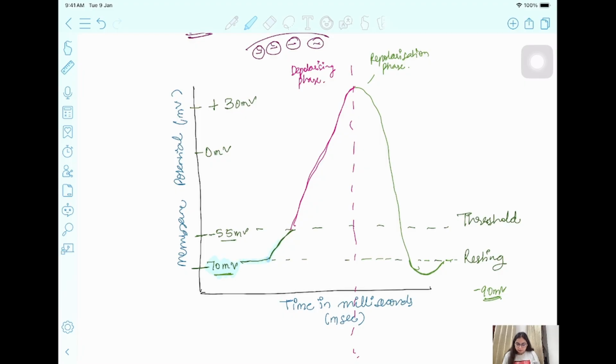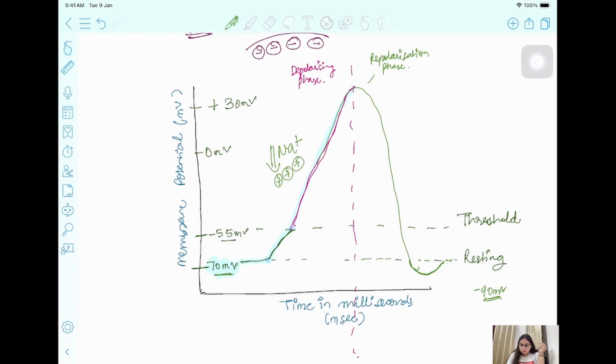When the axon membrane receives a stimulus which brings its voltage to a threshold of minus 55 millivolts, the membrane starts depolarizing, which means inflow of sodium ions from outside to the inside of the cell, making the inside more positive.